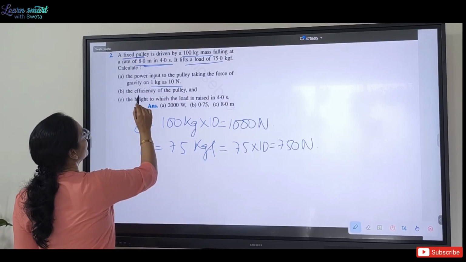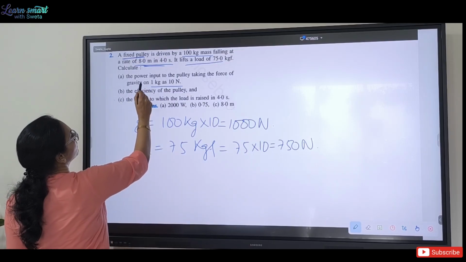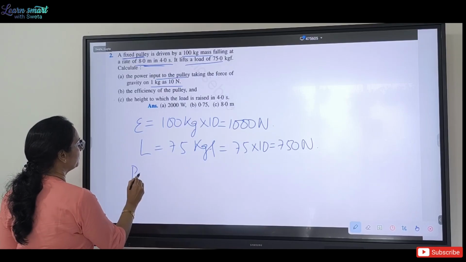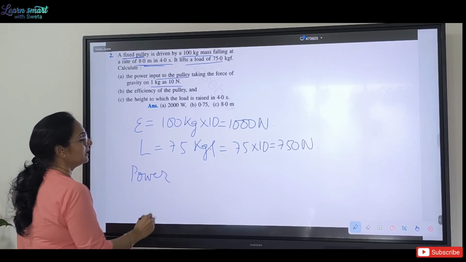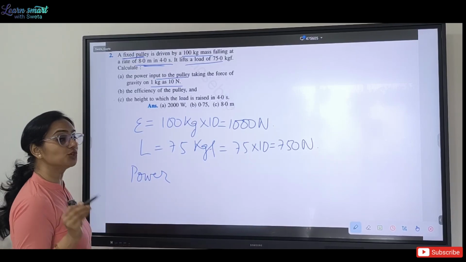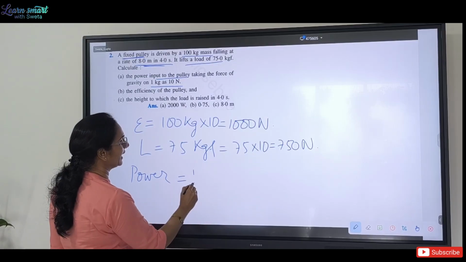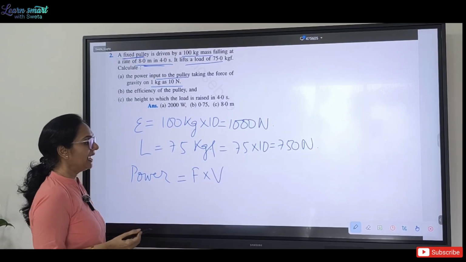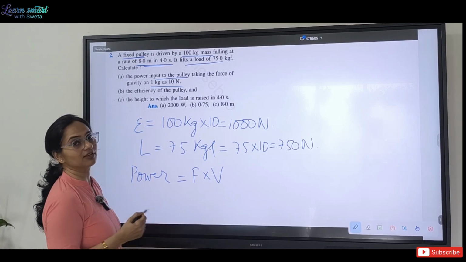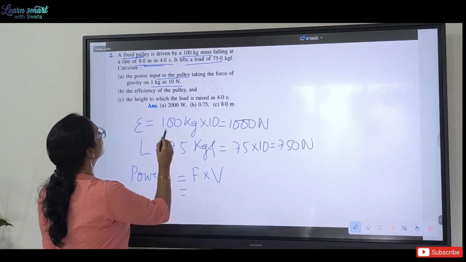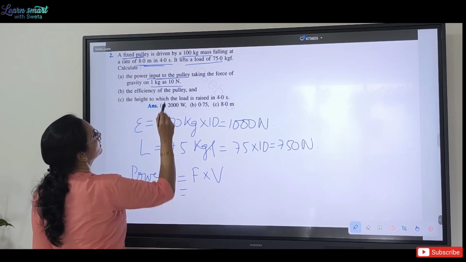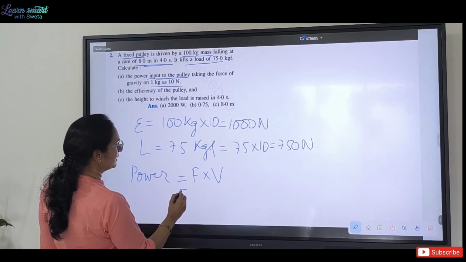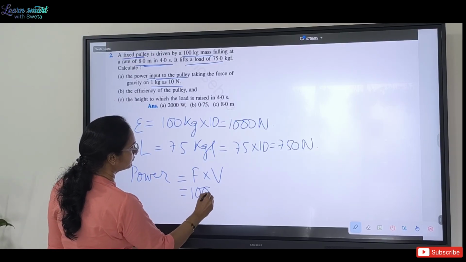Now what? The efficiency. So first we have to calculate the power input to the pulley. So how to calculate power? There is one formula for power which you have to remember: P is equal to F into V. What is F? F is the force. And what is V? V is the velocity. They have told power input to the pulley. So the effort, that is 1000 Newton, is applied, so that is the force.